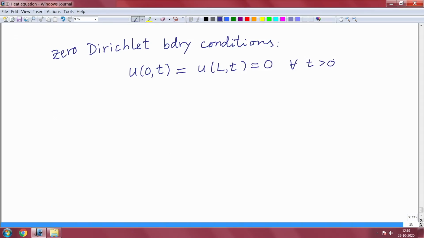So, let us begin with this boundary condition, and these two boundary conditions transform into the boundary conditions for X. So, we get X(0) equal to X(L) equal to 0.